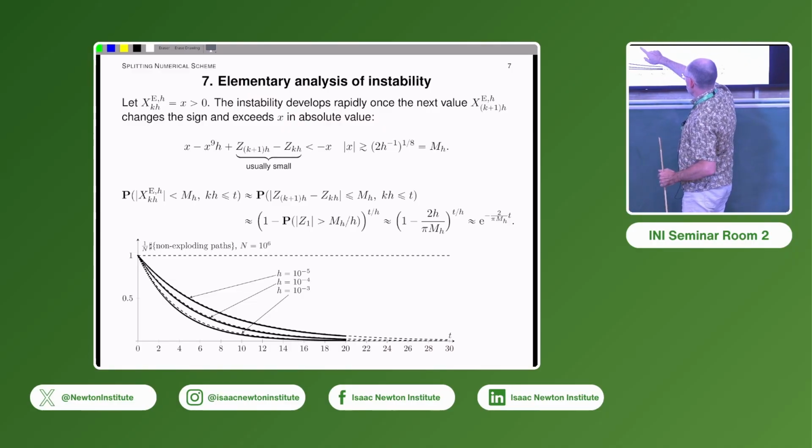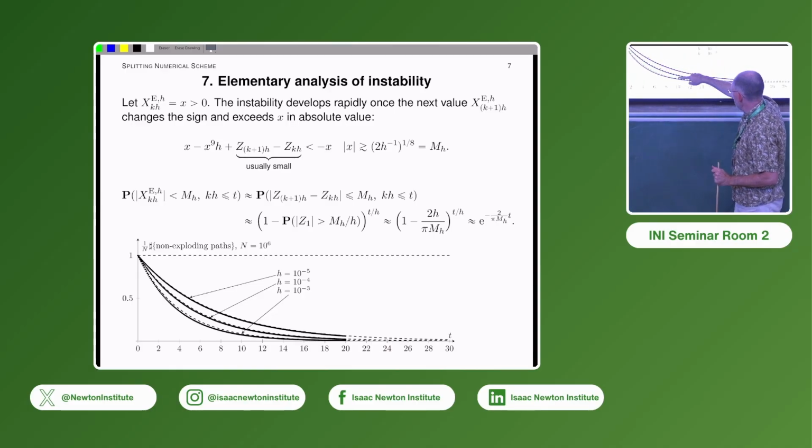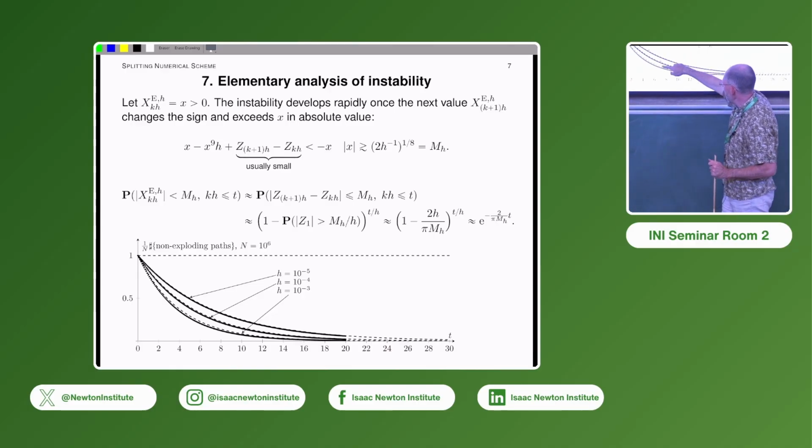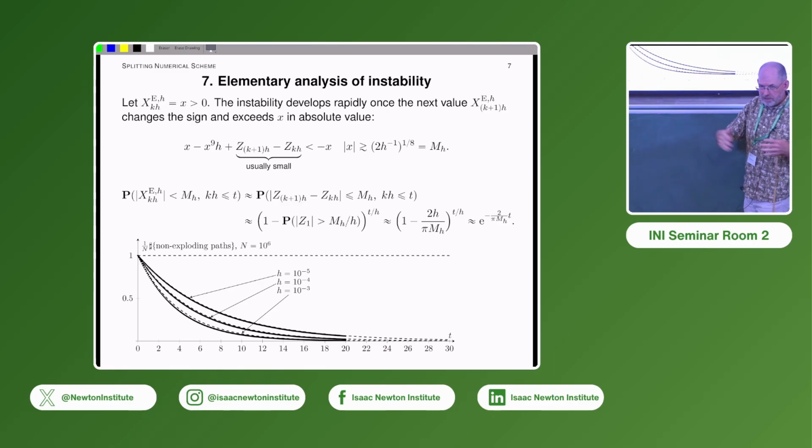And this is the plot. So if I take, for example, in the good situation, h to be 10 to the minus 5, which is a small step really, then I integrate, so this is this line, up to time 10. From my 1 million trajectories, I have 1/4. So this means they just vanish.